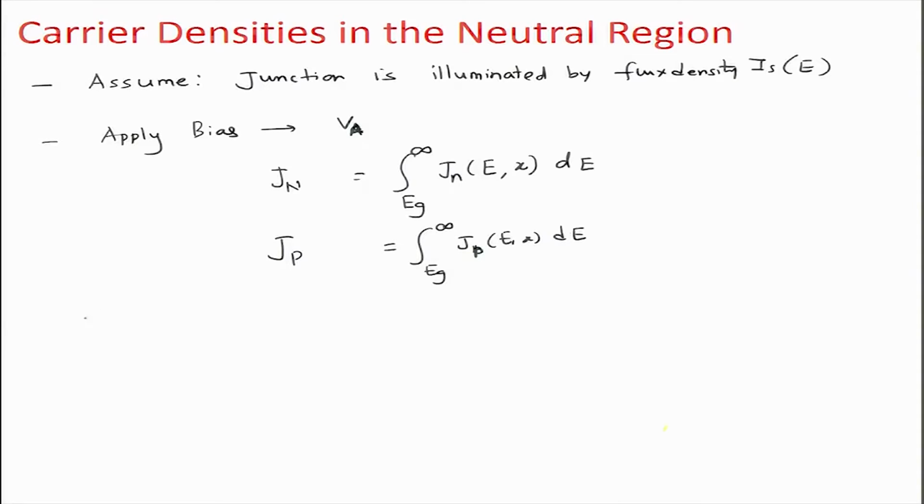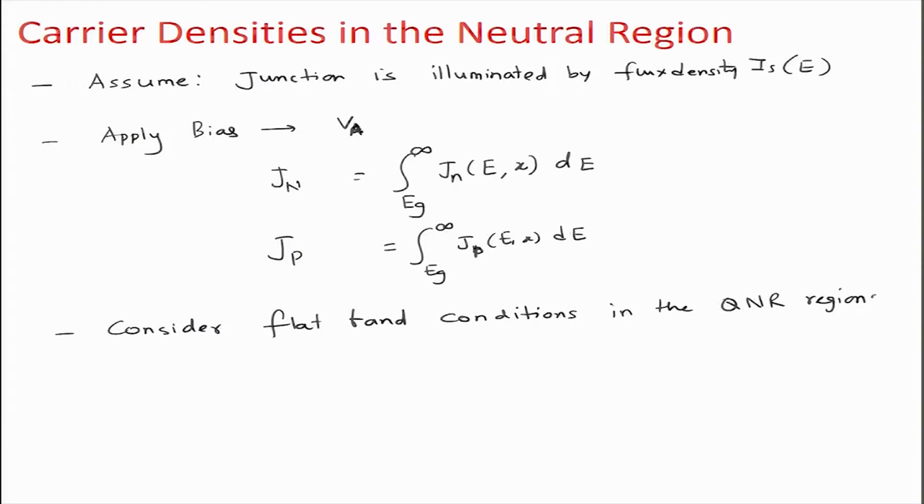And then we consider flat band conditions in the QNR regions, that is, the electric field is equal to 0, and we consider linear recombination. And what does that mean?